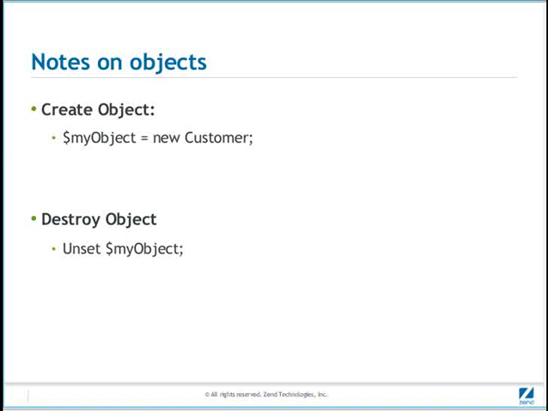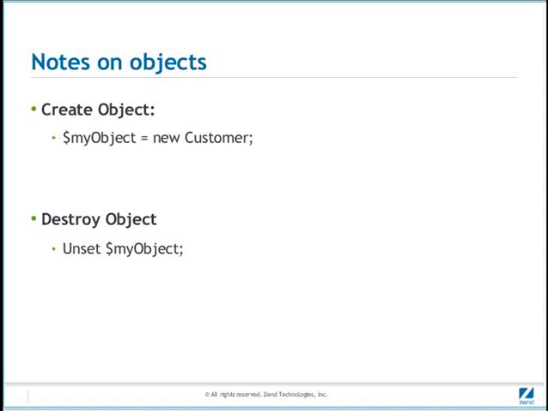The unset function will get rid of an object. Unset becomes a very powerful tool because with unset you can do some very precise or very powerful things like you can delete elements in an array using unset. You can delete an entire array with unset. You can delete variables. You can also delete objects. So if you created an object or a series of objects and you want to get rid of them, you can use unset as a keyword to handle that.